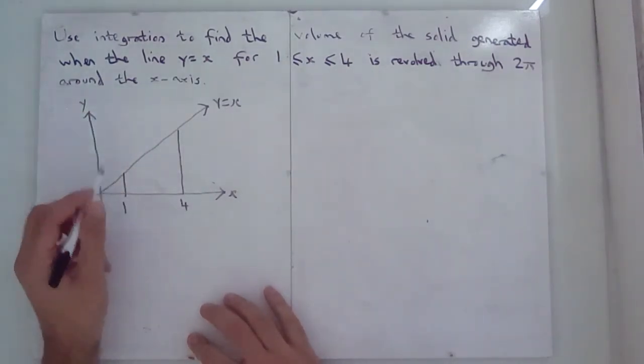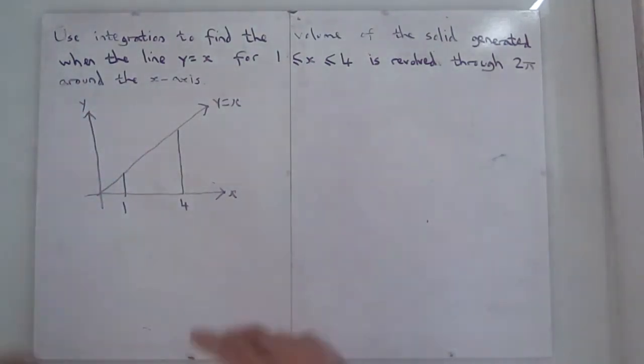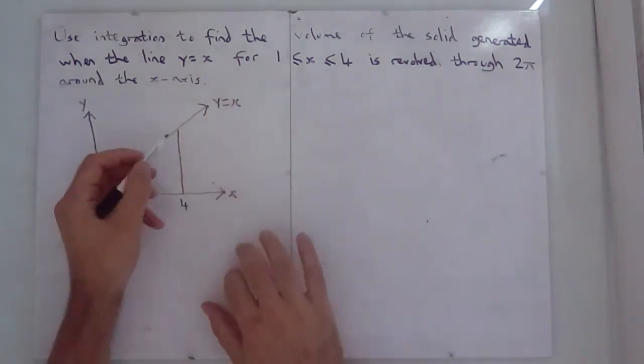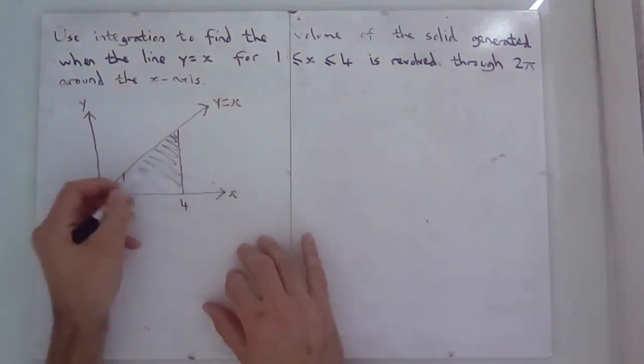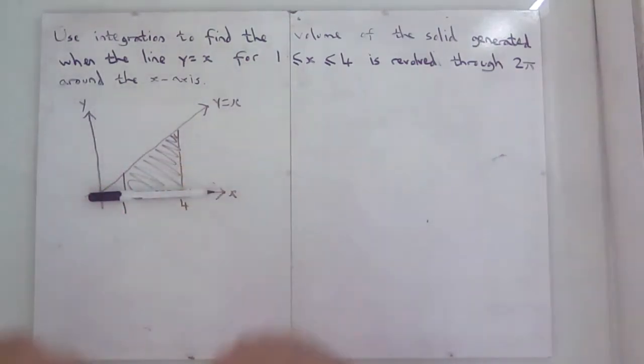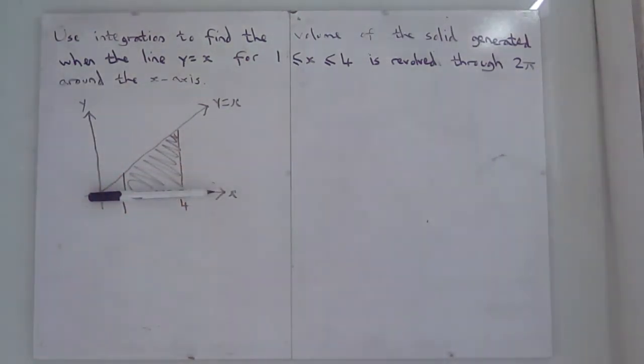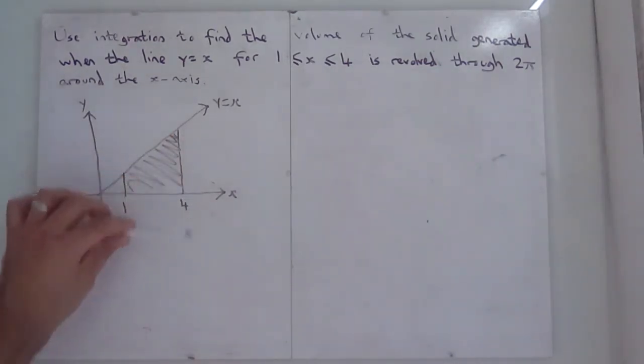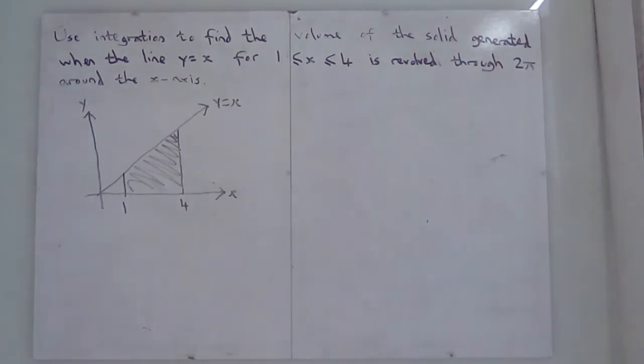We're looking at revolving this region around the x-axis, all the way around 2 pi radians, 360 degrees, back to the start, as in you're rolling it into the page. What would be the volume that we make?